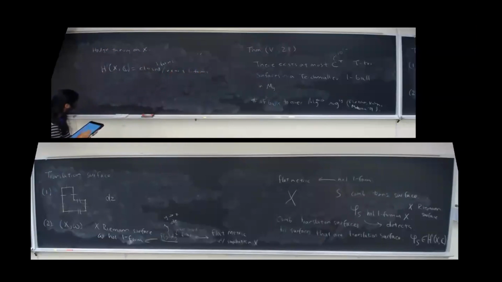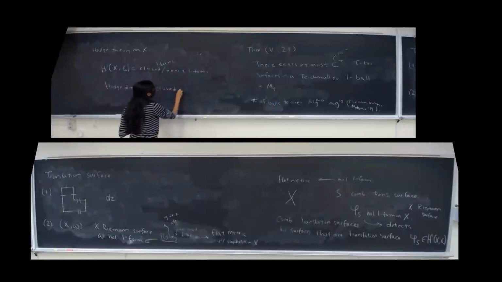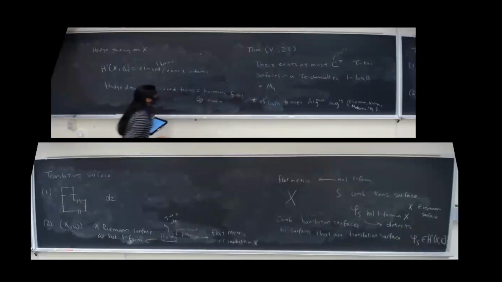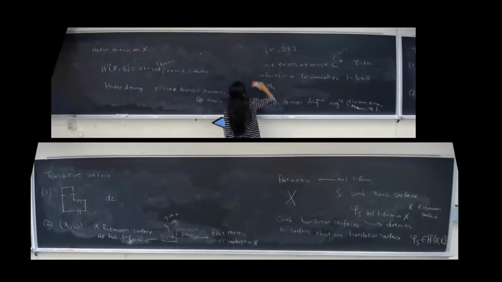And the Hodge decomposition actually gives closed complex valued one forms as harmonic forms plus exact forms, and these are orthogonal with respect to the Hodge inner product and Hodge norm.